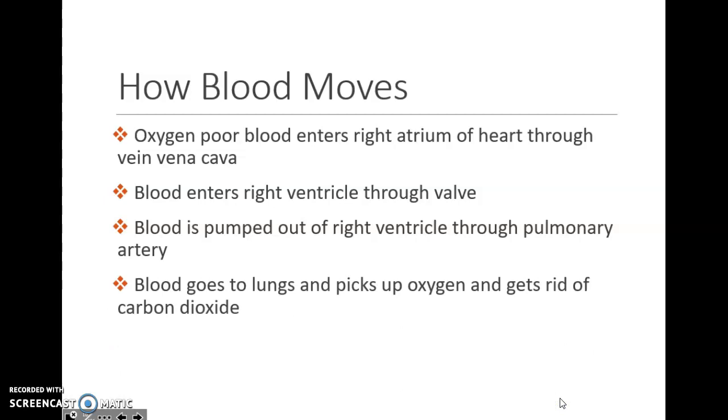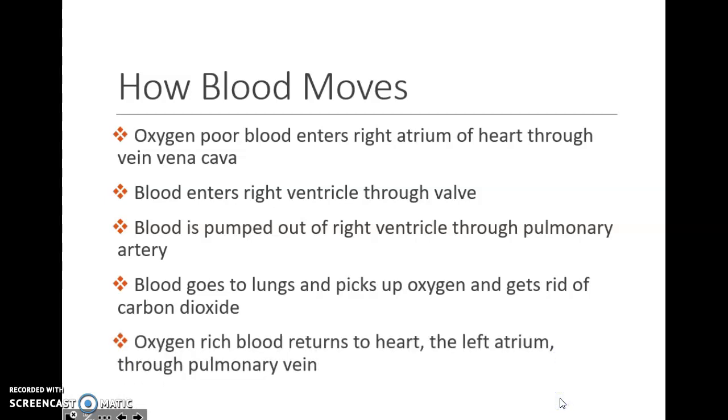Blood goes to the lungs and picks up oxygen and gets rid of carbon dioxide. The oxygen-rich blood returns to the heart, which is the left atrium, through the pulmonary vein. And the blood goes through a valve and enters the left ventricle.